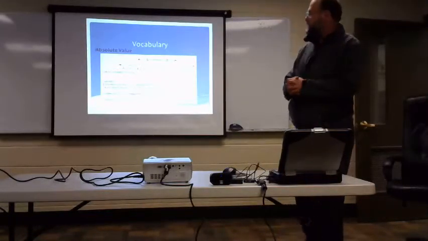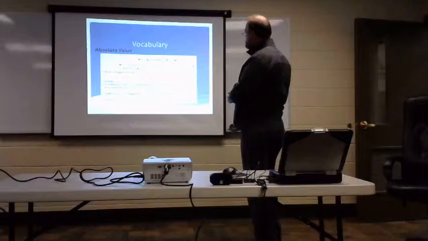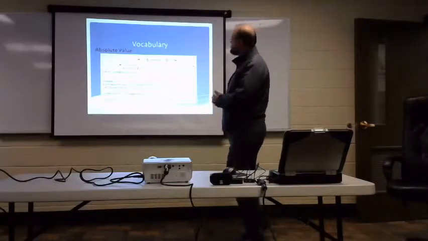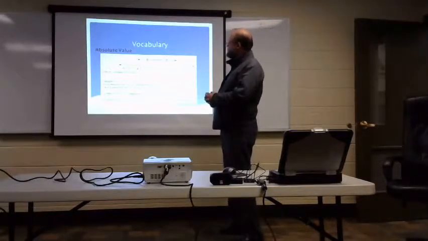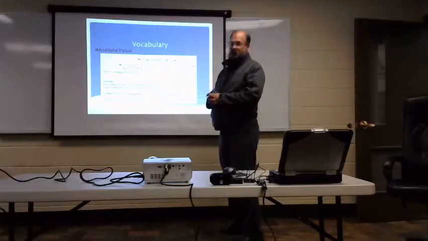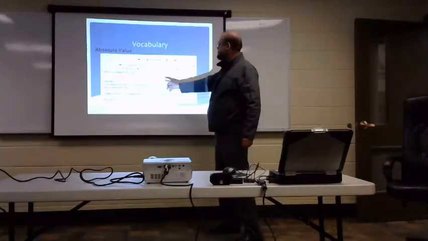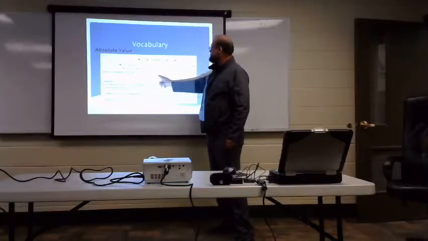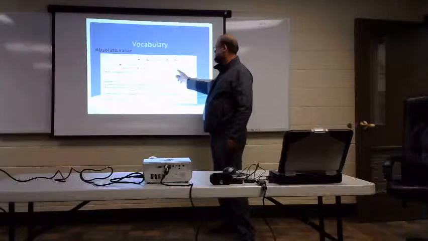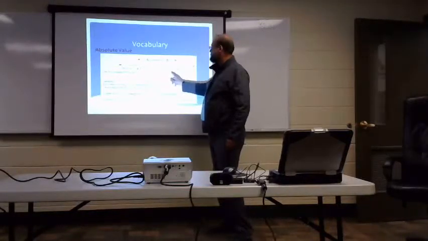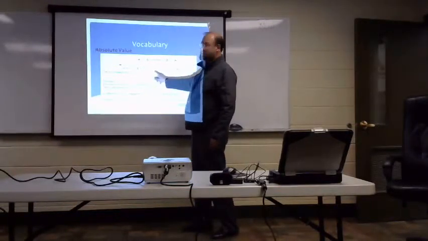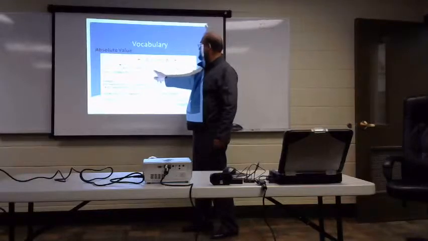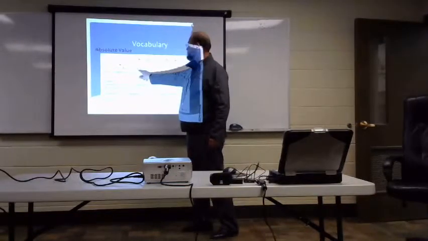So here's some vocabulary. First we want to talk about the absolute value. The absolute value is really how far a number is from 0. Here's 0. An example: 6 is 6 away from 0: 1, 2, 3, 4, 5, 6. But also minus 6 is 6 away from 0: 1, 2, 3, 4, 5, 6.